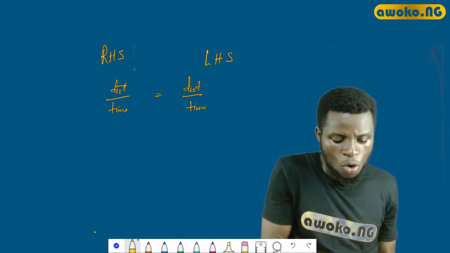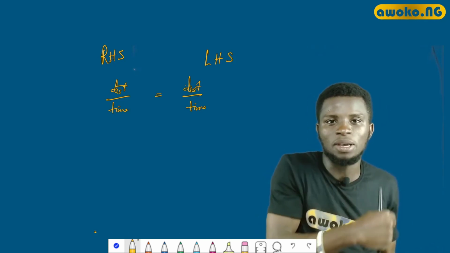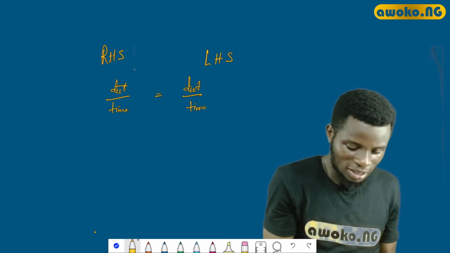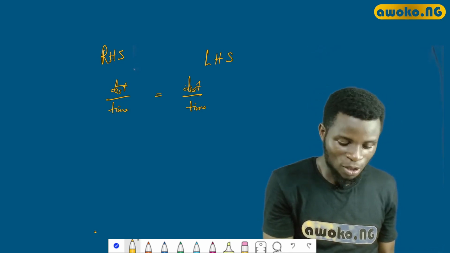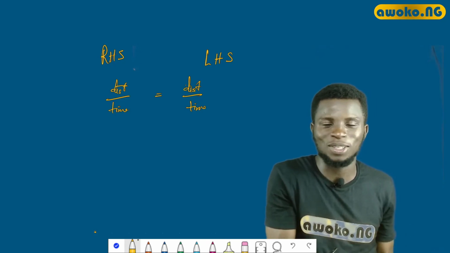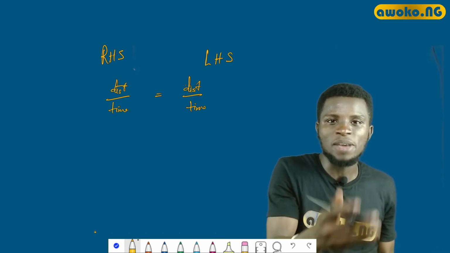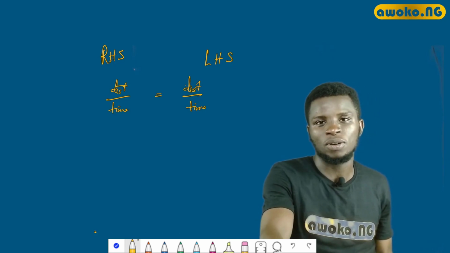So what is the equivalent of distance in the fundamental quantity? Of course, it is length. Distance measures length, or length measures distance, whichever way you want to put it. But distance is a measure of the length of a particular substance.